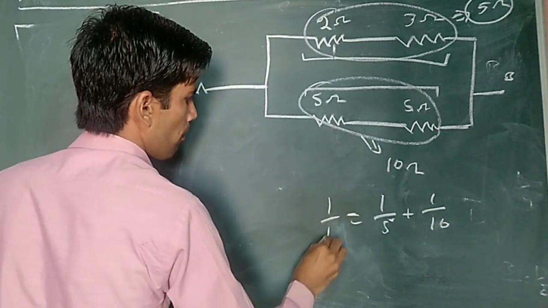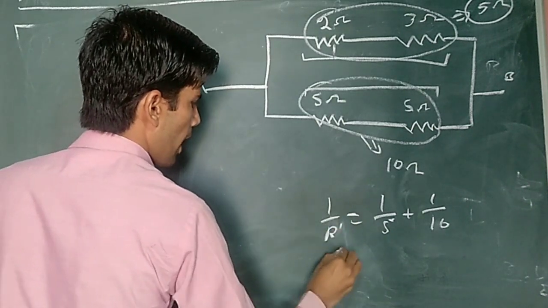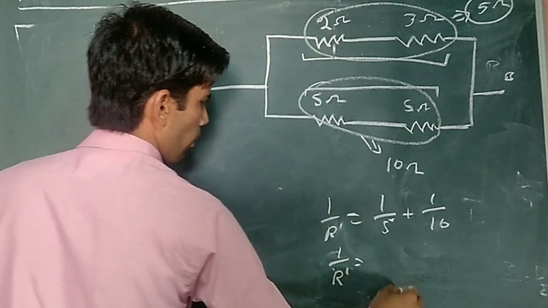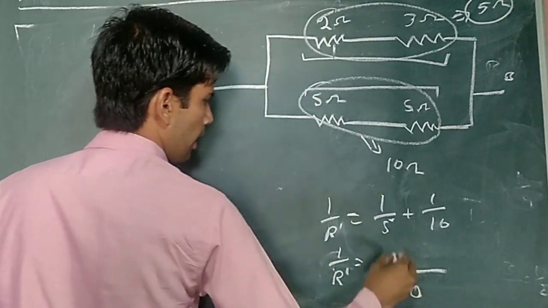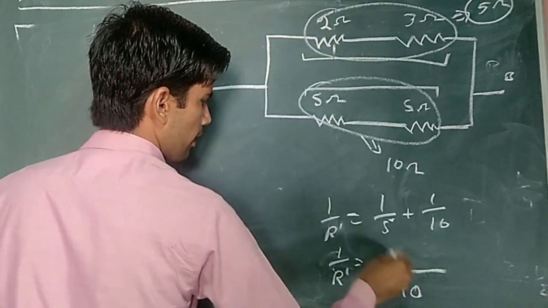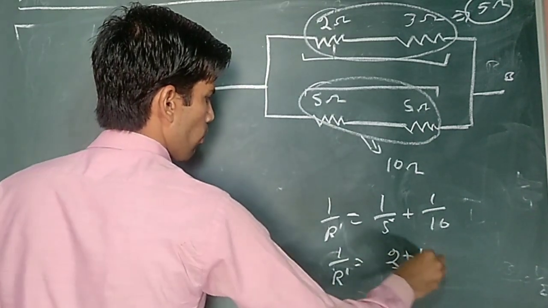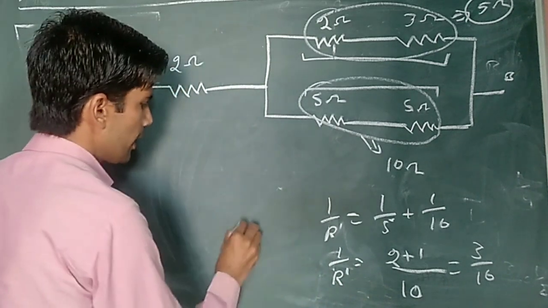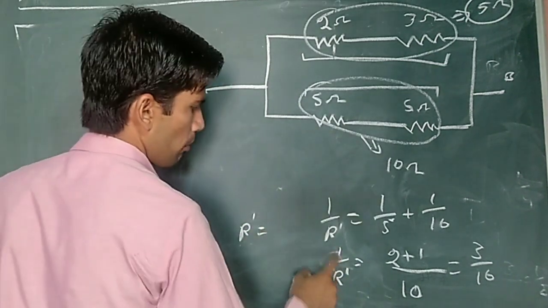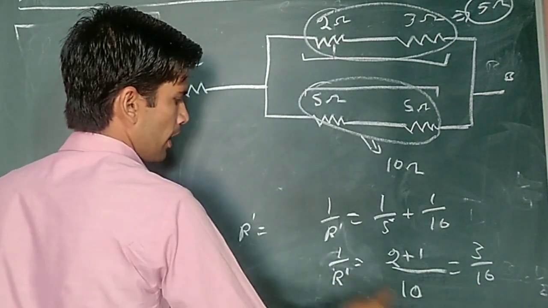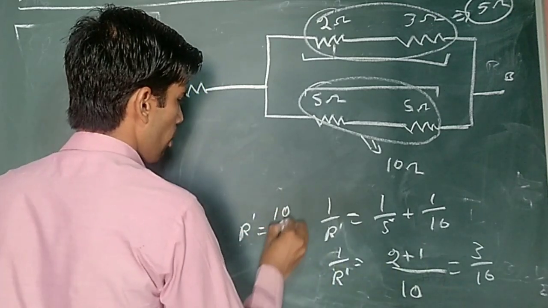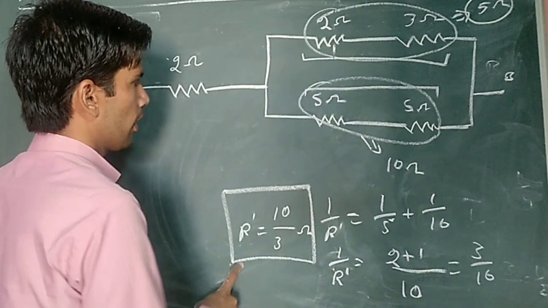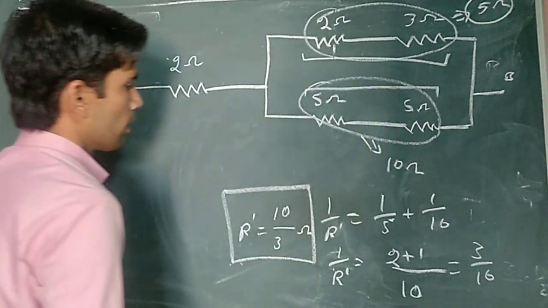Taking the LCM as 10, 2 plus 1 is equal to 3 divided by 10. So 1 by R dash is equal to 3 by 10, then R dash is equal to 10 by 3 ohm. This is the net effective resistance of this part of the circuit.